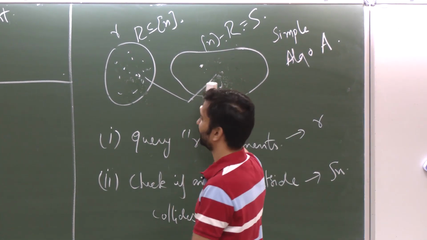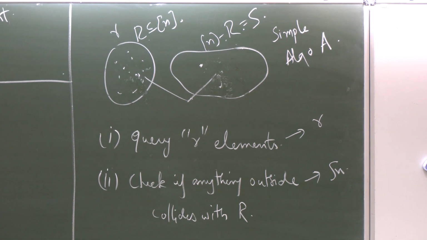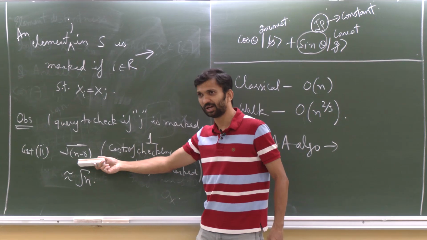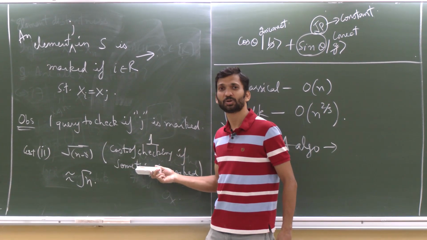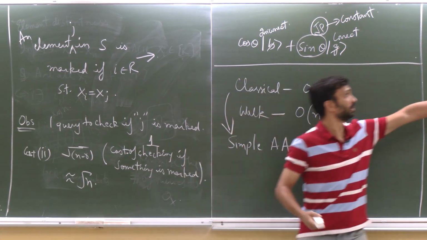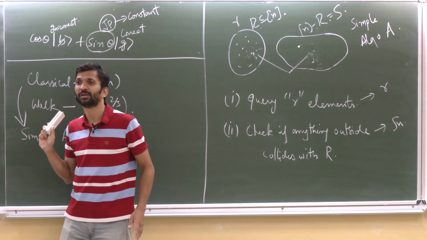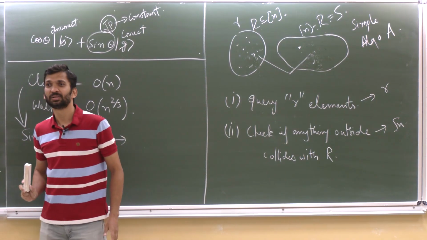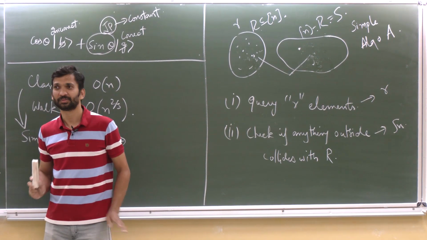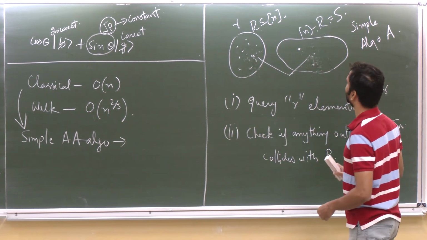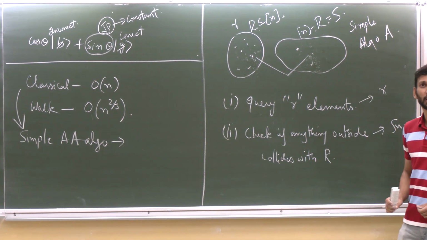That's why to check if something is marked, how much cost do I need? Square root n minus r multiplied by the cost of running my oracle if j is marked. Thankfully, that cost is just 1. That's why this is square root n minus r. Okay, good. So this is r, this is square root n. This is my simple algorithm.